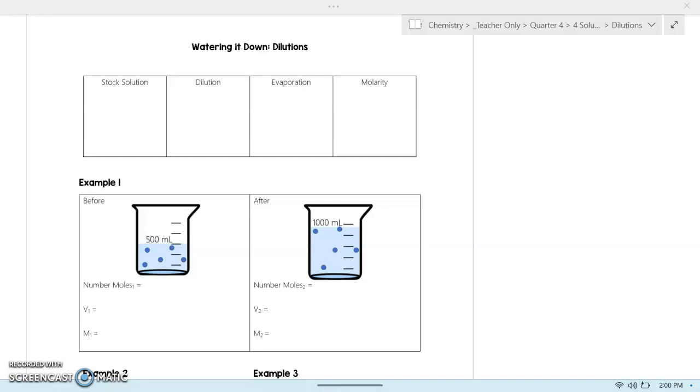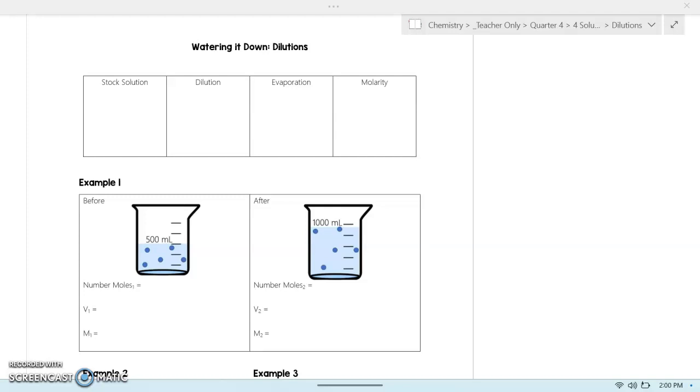Today we are looking at how you can dilute a solution, or add water, whatever your solvent is, into an already concentrated solution and make it less concentrated.